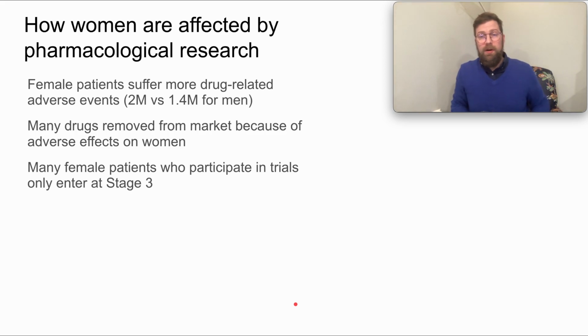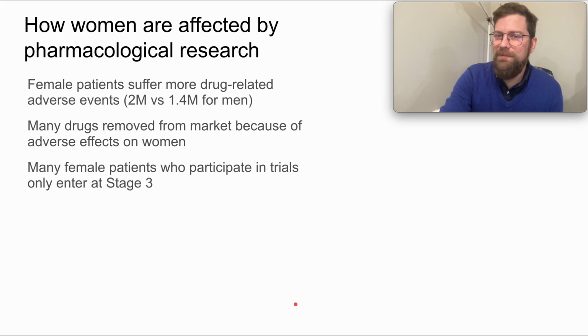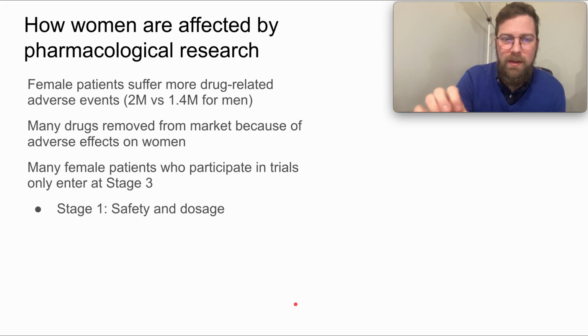And this is partly because, due to these old FDA bans and policies for how drug trials are set up, many female patients who participate in drug trials are only allowed to begin participating at stage 3. Let's fill in what these stages mean.